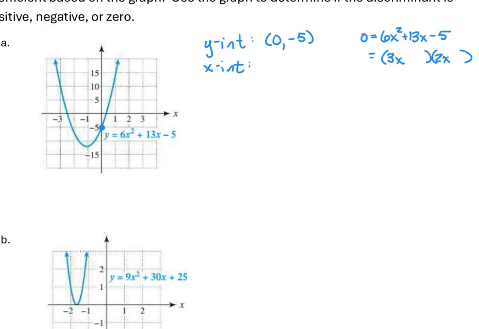I'm going to go with 5 and 1, and I'm going to place them here because we do have a negative 5, which means we need to subtract to 13. That means I need my larger number to be bigger than 13, and in order to do that, I want to multiply 3 times 5. This is going to be positive because my 15 is larger than 2, and then we have our minus in the other one.